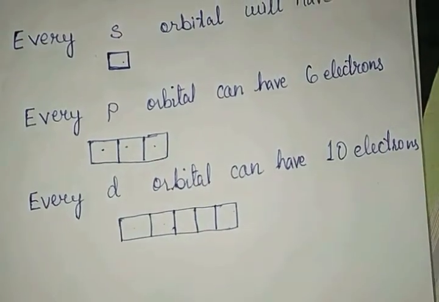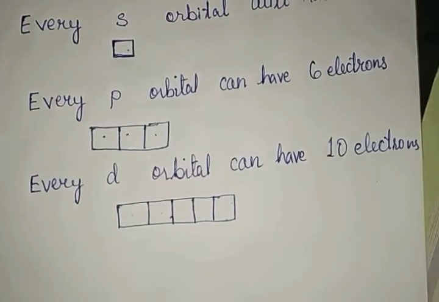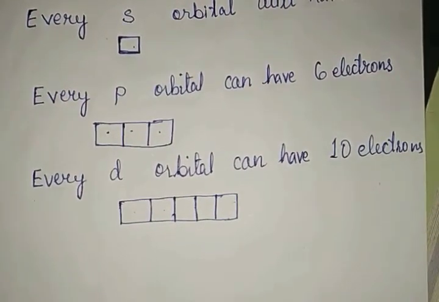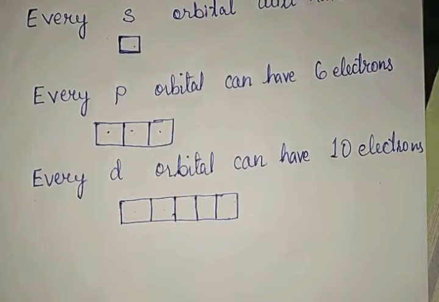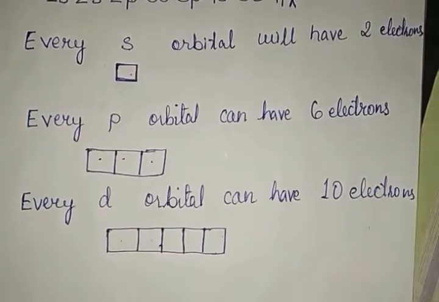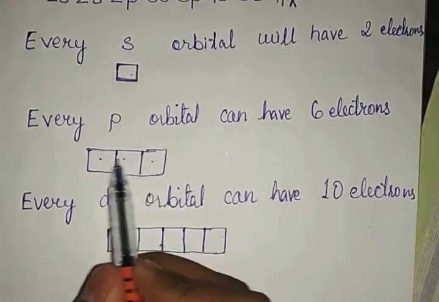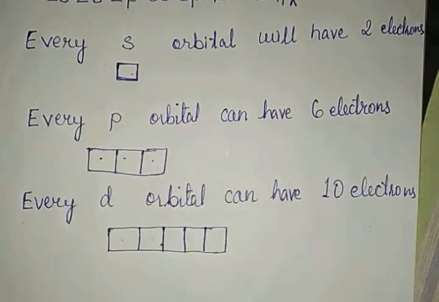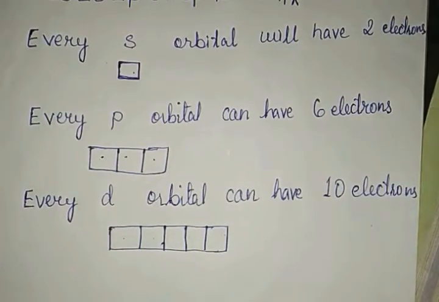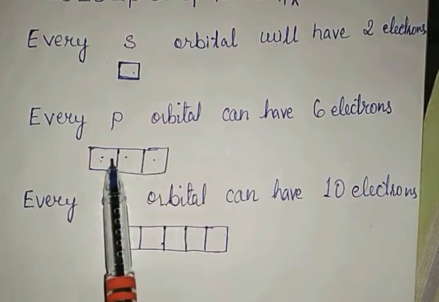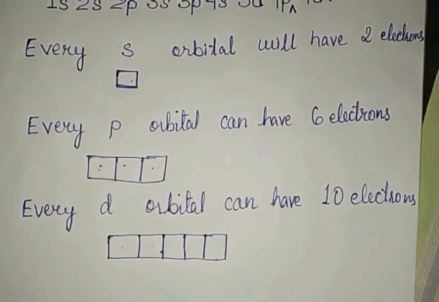And now we will be knowing about the different principles. What does Hund's rule say, and what is Pauli's exclusion principle? Pauli's exclusion principle is what I have been mentioning: in every box, every suborbital, only 2 electrons can be present.